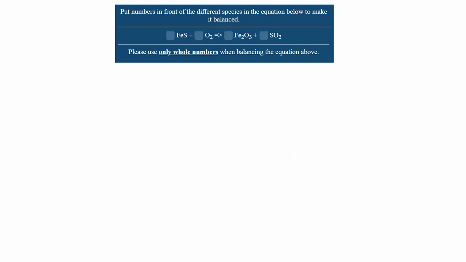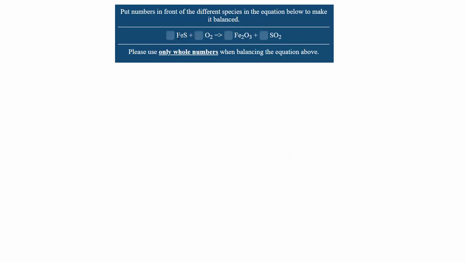In this specific question, we've got FeS, which is iron 2 sulfide, which reacts with oxygen that produces, well, we've got 3 oxygen, so this is iron 3 oxide, and at the end here we've got basically sulfur dioxide, right?